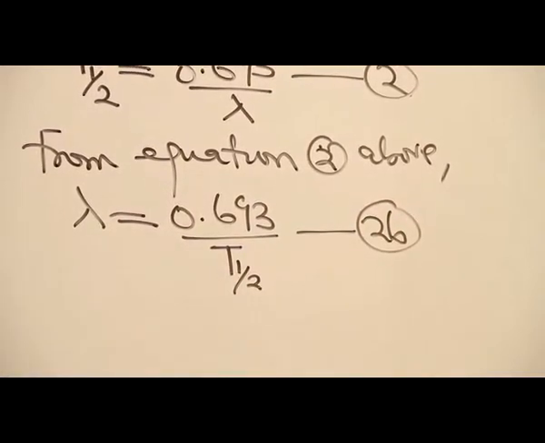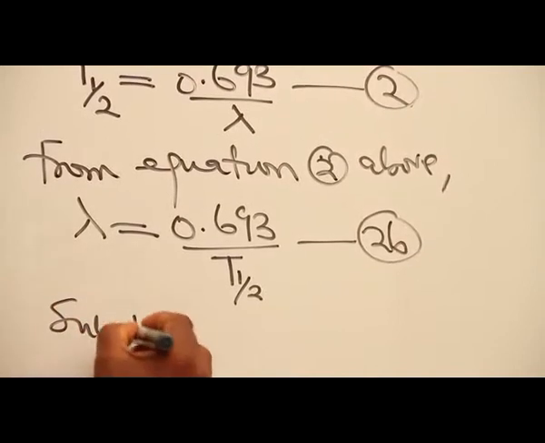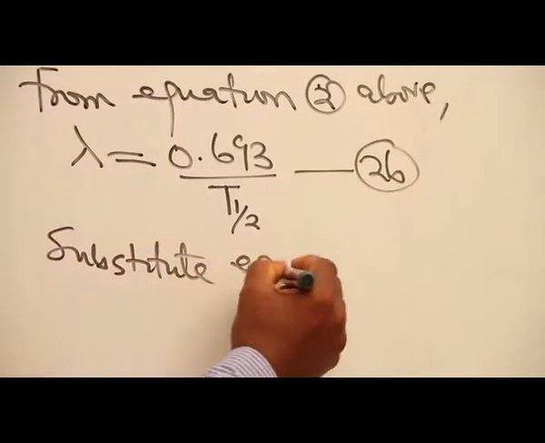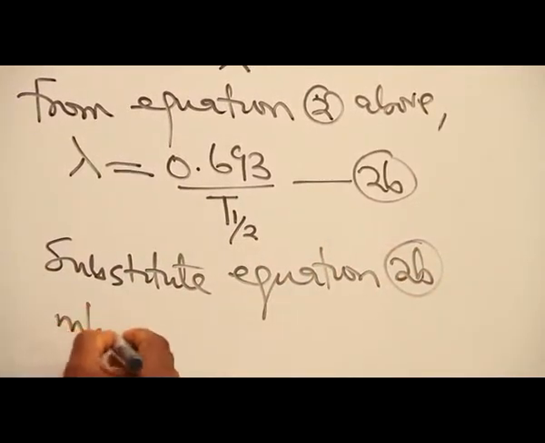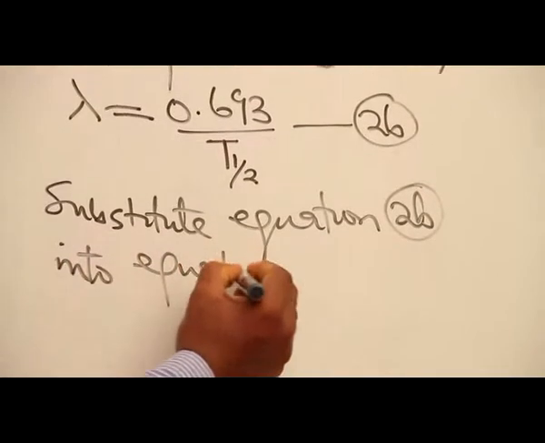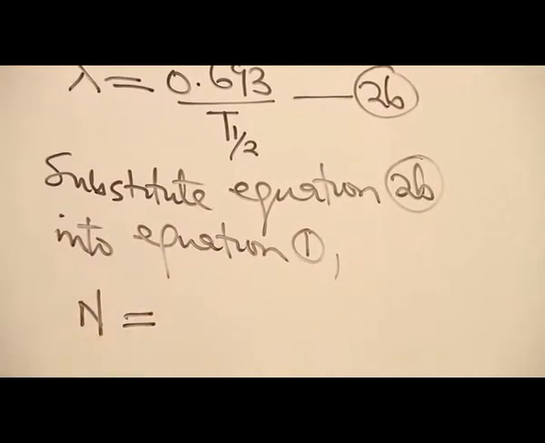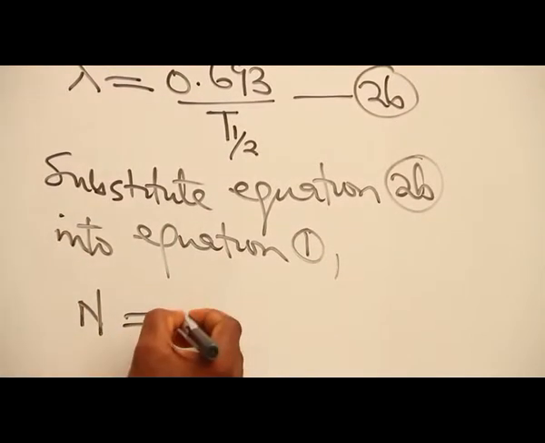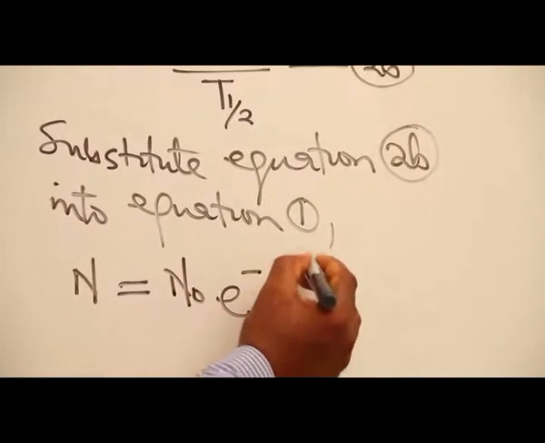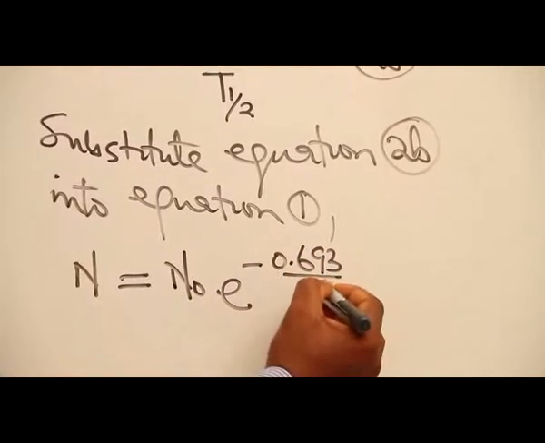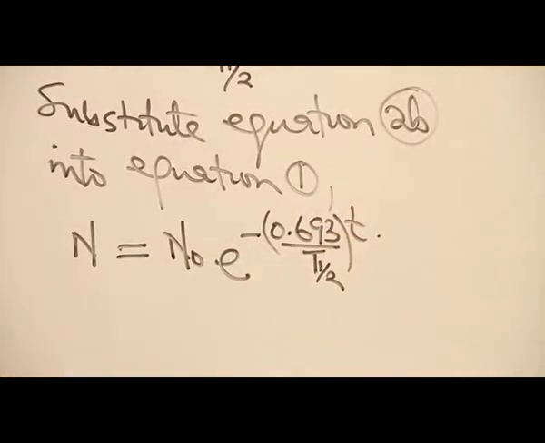Now, if we substitute equation 2b into equation 1, we end up getting the number of particles remaining equals to the initial number exponential minus 0.693 divided by the half-life times the time taken.